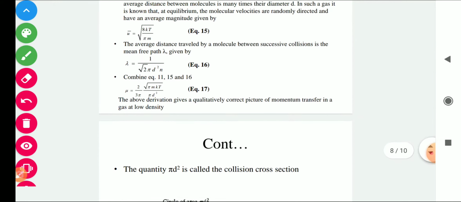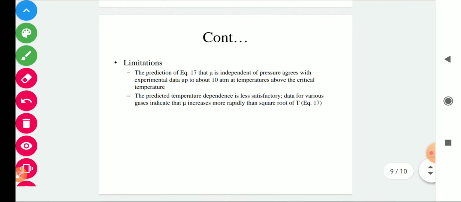The second limitation of this theory is that the predicted temperature dependence is less satisfactory.